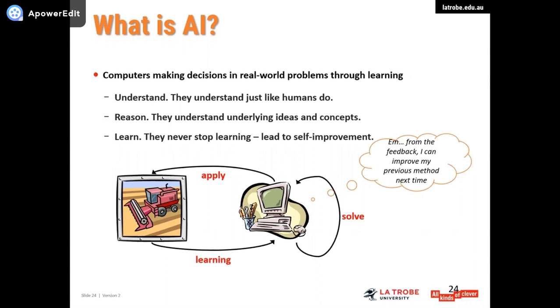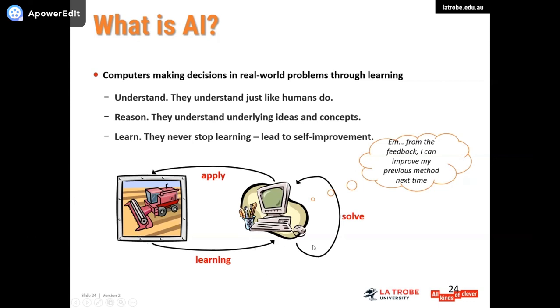So for example, if we have self-driving vehicles in the farm, they have AI computers. AI will first apply methods to do the work in the farm. When it tries to do the practice, it may get some feedback, either good or bad. This feedback is given back to the computer. The computer will compare with the previous results to see whether the problem has improved or not.